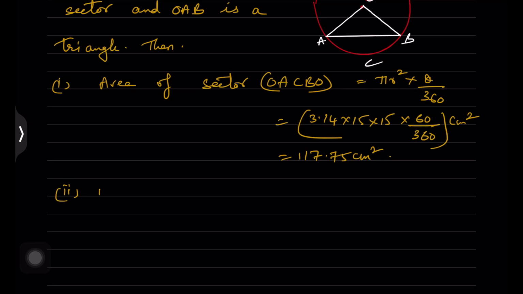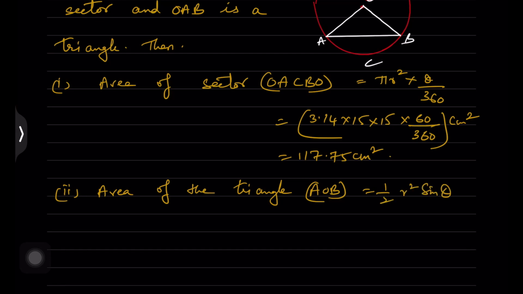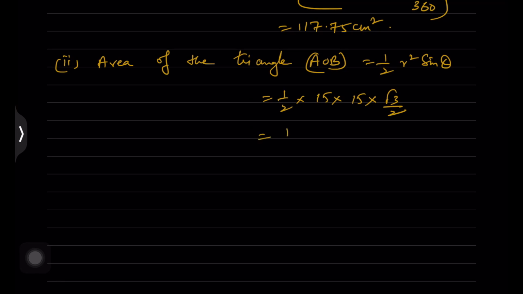The second one is area of the triangle AOB is equal to half r square sin theta, which is equal to half into 15 into 15 into root 3 by 2, which is equal to 15 into 15 into 1.73 divided by 4, which is equal to 97.313 centimeter square.